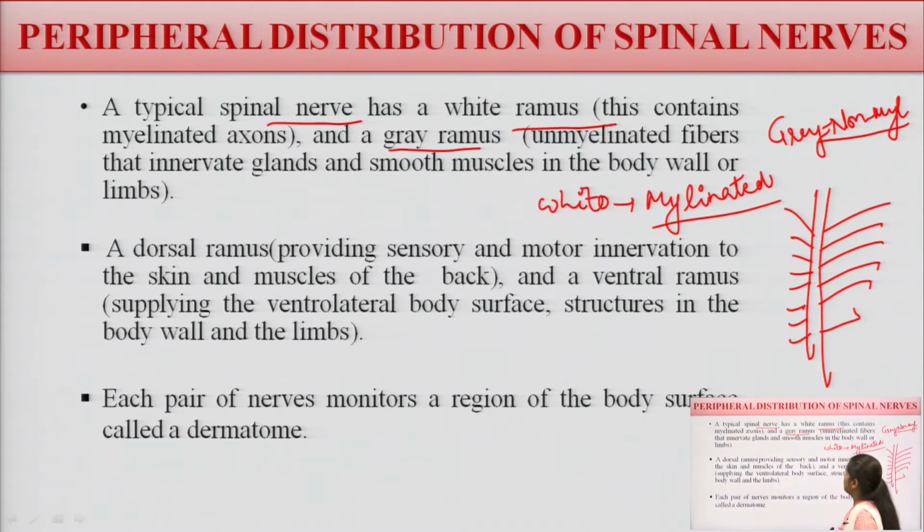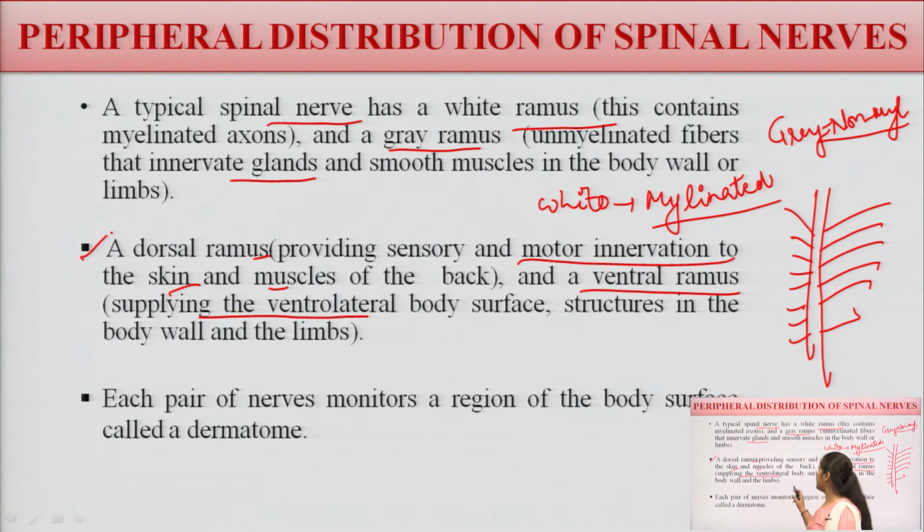So these unmyelinated fibers innervate glands and smooth muscles in the body wall or the limbs. The dorsal ramus provides the sensory and the motor innervation to the skin and the muscles of the back, and the ventral ramus supplies the ventrolateral body surface structures in the body wall and the limbs.